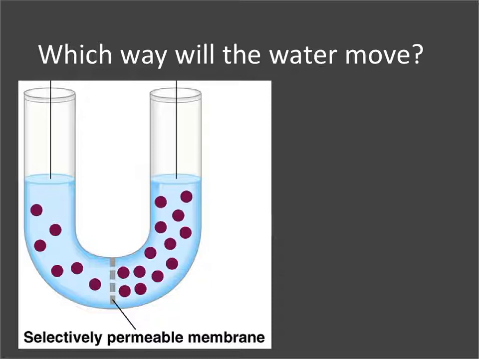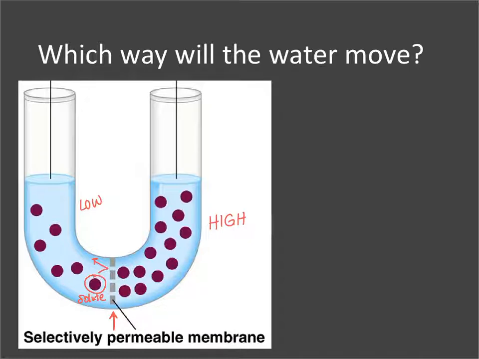So if we look at this example here, we can see that we have this kind of semi-permeable membrane in between these two areas. And we can see that this area on the right is a higher concentration area, and this area on the left is a lower concentration area. Now, in this example, the solute here is not able to cross that membrane. So the solute is stuck where it is.